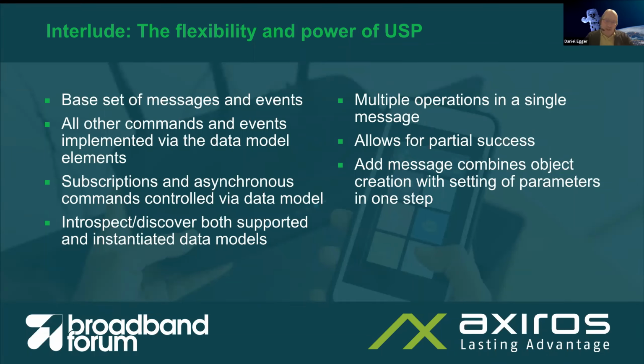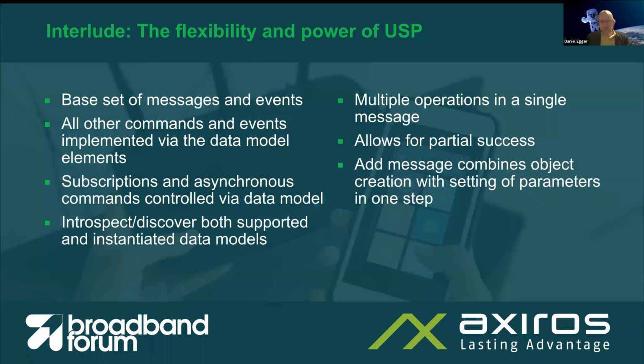Yeah, and we also have the new add message, which actually allows us to set the object directly during the creation time. This is actually quite important because some of the ways that USP works have changed in comparison to Tier 69. So if you did an add object in Tier 69, you would basically get back the path name of the object.